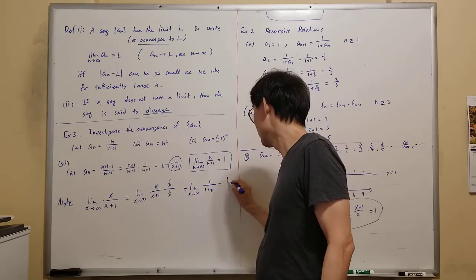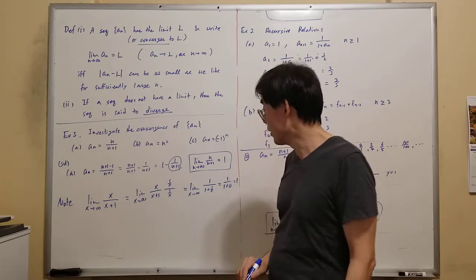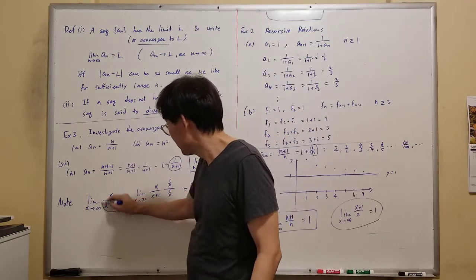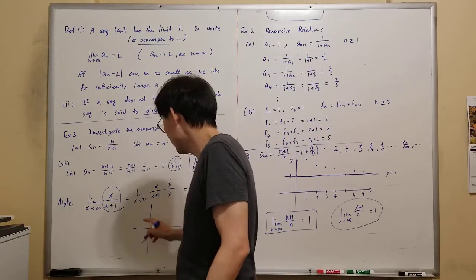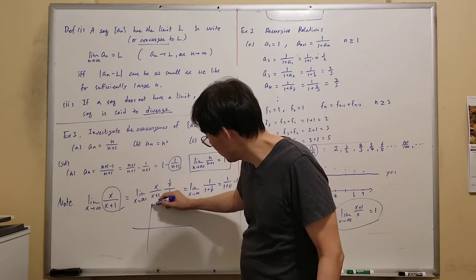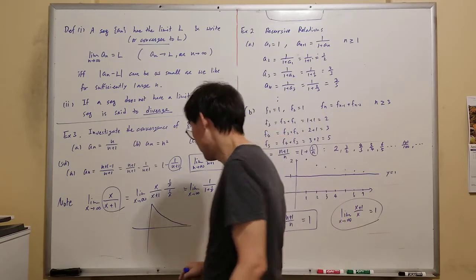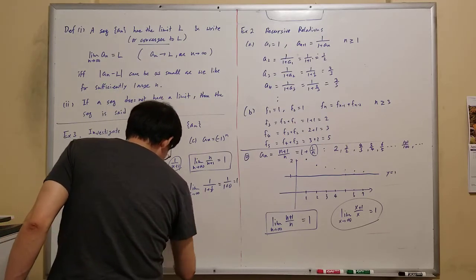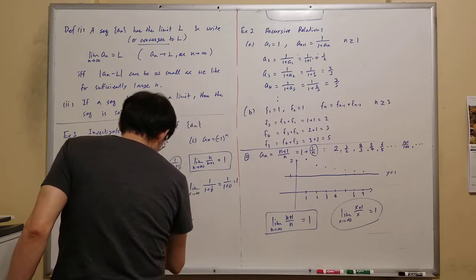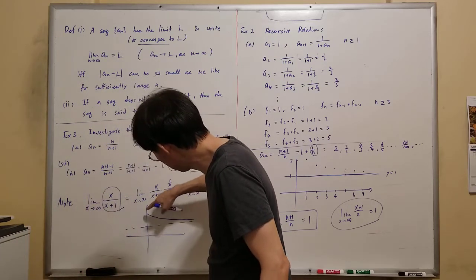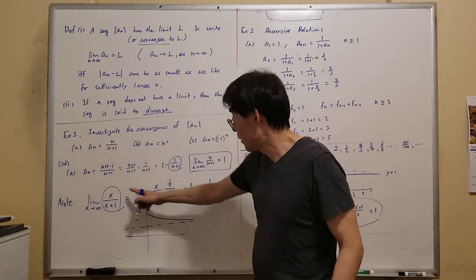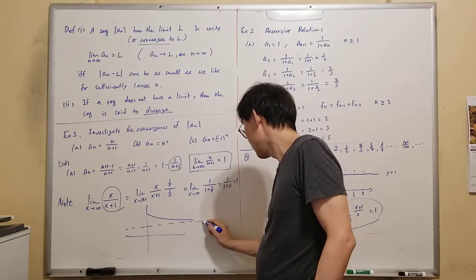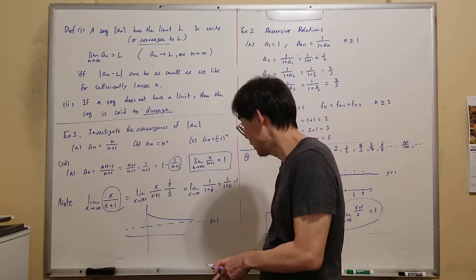This one approaches 0. So the limit is 1. Just like this, right? Think about it. If you draw the graph of this one as a function of x, it will be going like this, approaching 1. This is the graph of this. And the function f of x equals x over x plus 1 approaches 1 as x goes to infinity.